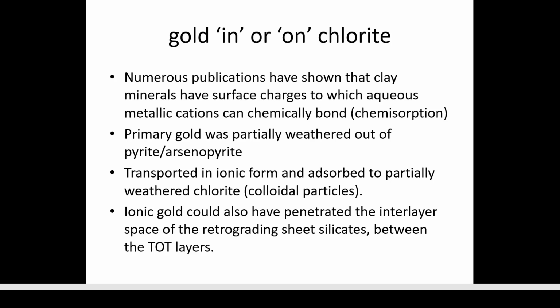This ionic gold is unstable and wants to be absorbed by another mineral. Therefore, the minerals that are being transported alongside these hydrothermal alteration fluids can allow for adsorption of these gold ions. So these gold ions are then partially attached to the weathered chlorite found within the fluids.